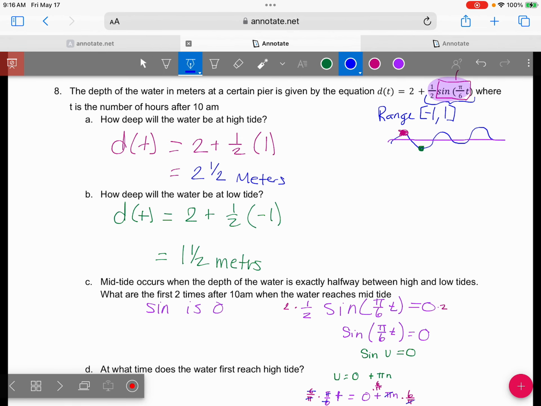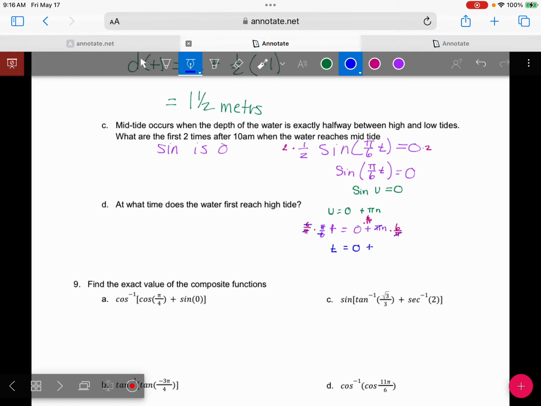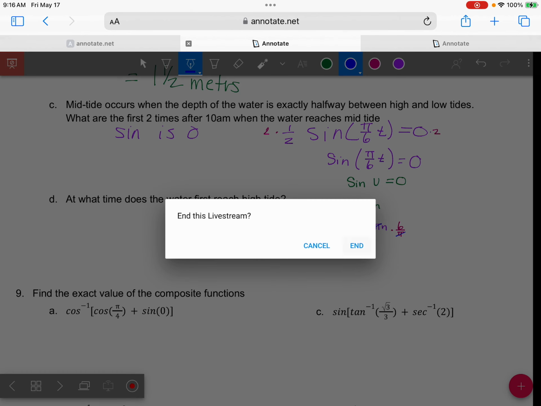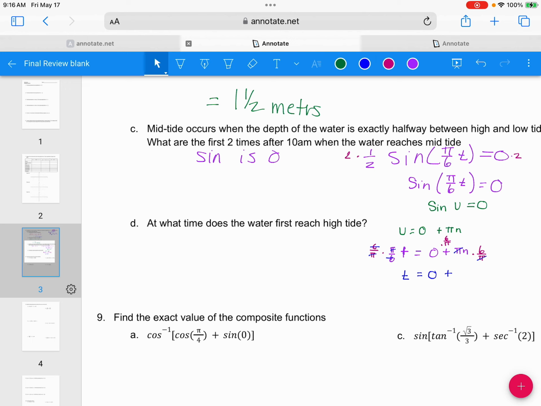Love that. I think Annotate has also, my software has also decided that it's ready for summer. No, the whiteboard is indeed available. Oh my gosh. Quit telling me you're connected because you're not. Close.